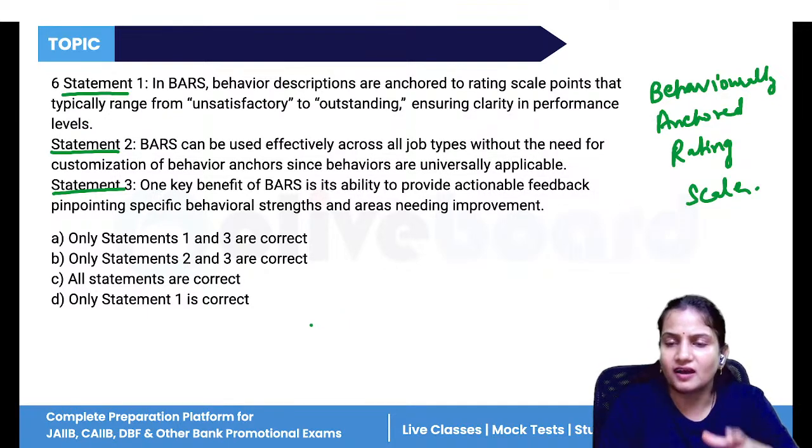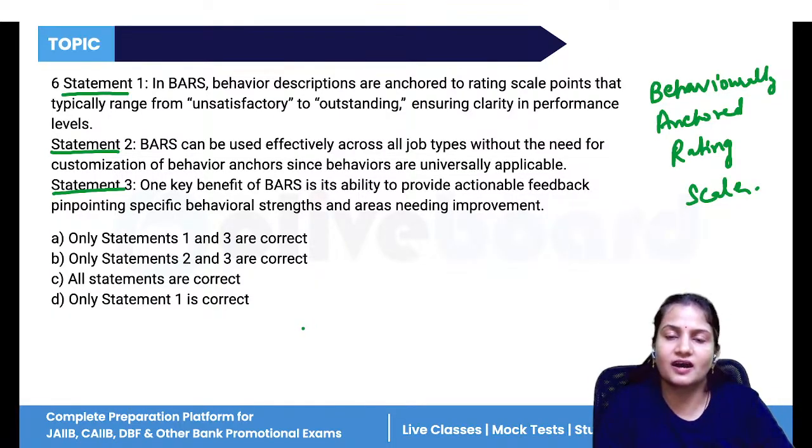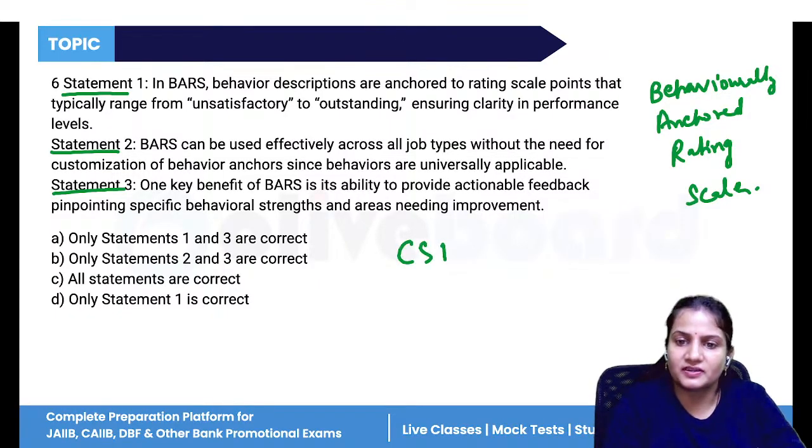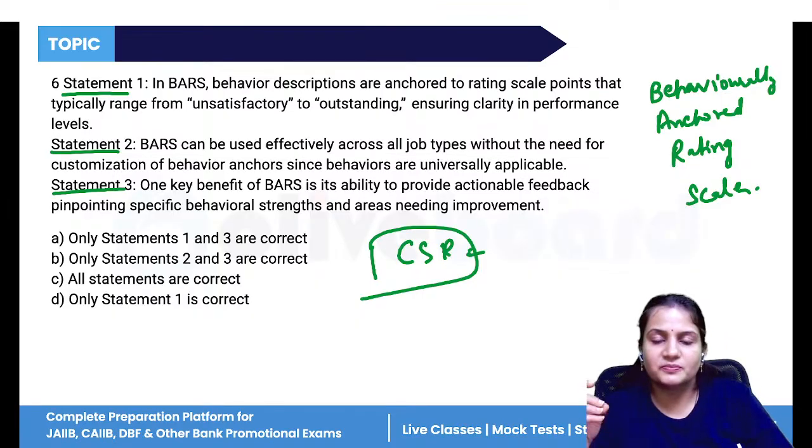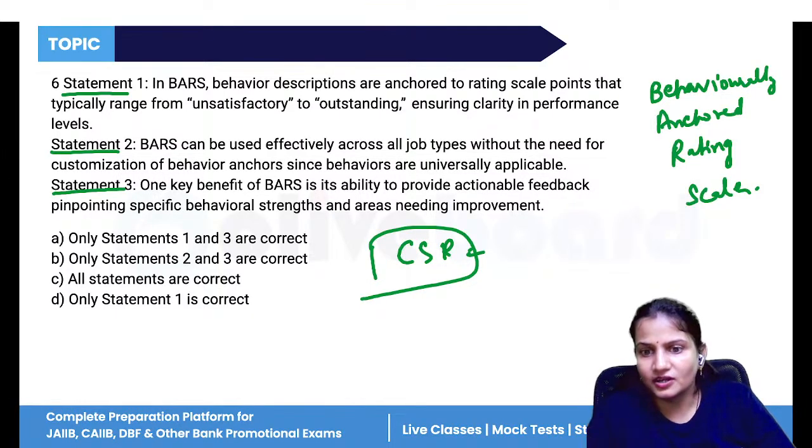Different anchors are made over here, and from those anchors, the ratings are given. Say you are a customer service representative in a company. You have to solve the issues of your customers.